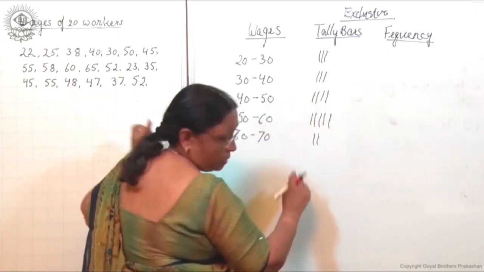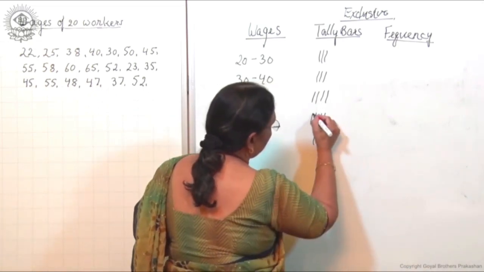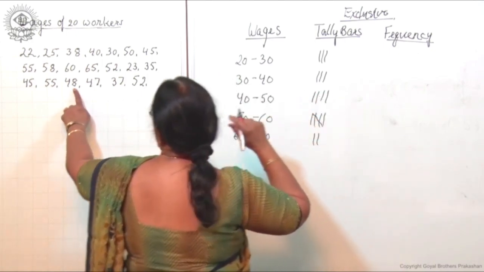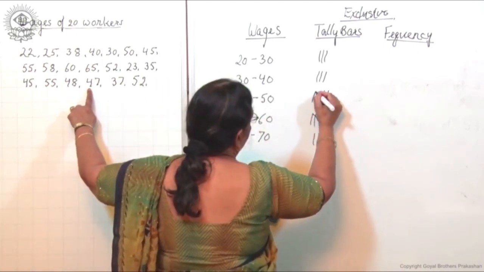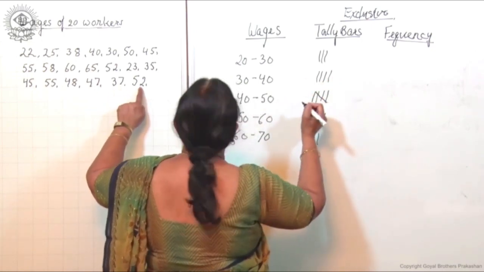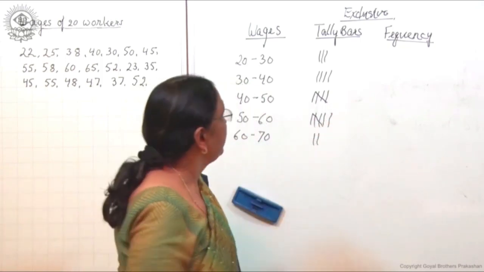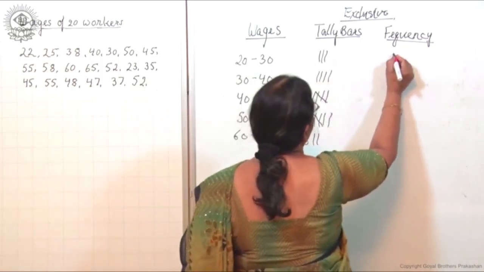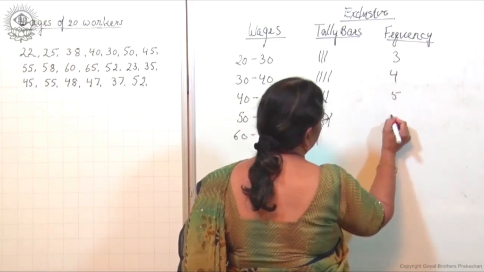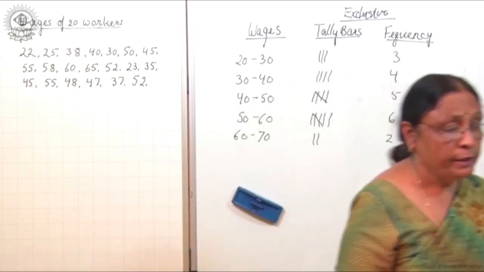Now here again I forgot, this is the fifth one, so you have to show it like this. Then 48 we have taken, then 47 will show like this, then 37, then 52, right? So here the frequency is 3, 4, 5, 6 and 2, right?